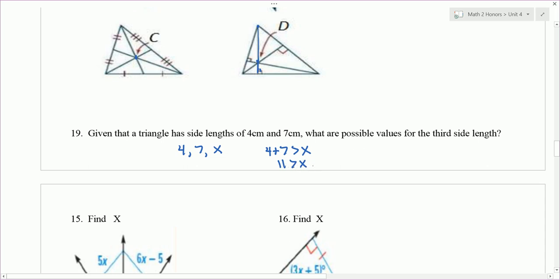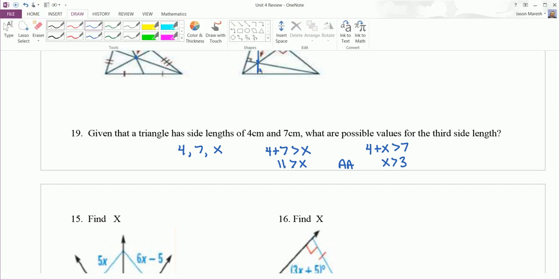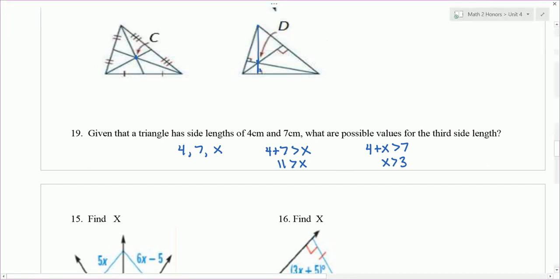And then second case is when x is not the largest, which would make 7 the largest. Using the triangle inequality again, we need 4 plus x to be greater than 7. Subtract 4 and you get x needs to be bigger than 3. And we need x to be less than 11. So x is anywhere between 3 and 11.